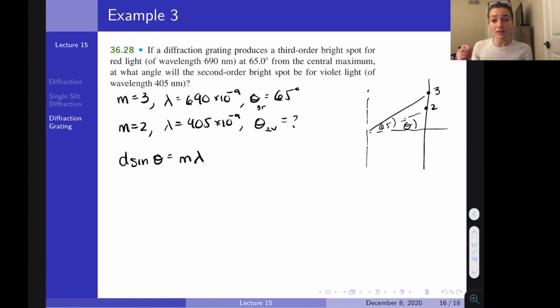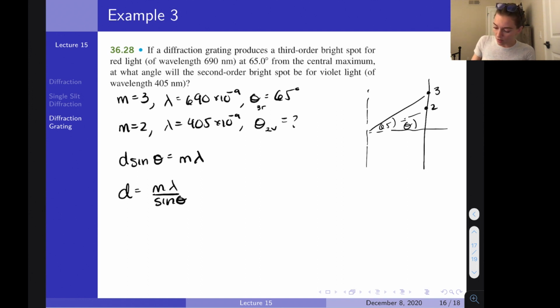So like I said, since we know that d is going to be the same for both, what we can do is solve for d. So I'm going to write it like this. And then I know that, as I said before, d will be the same for both of them.